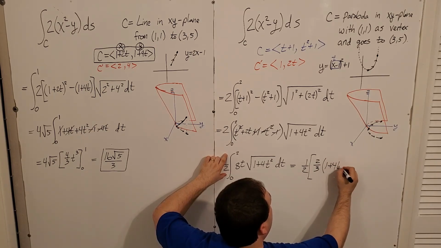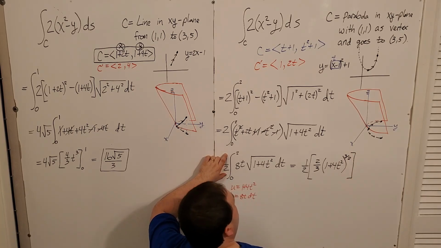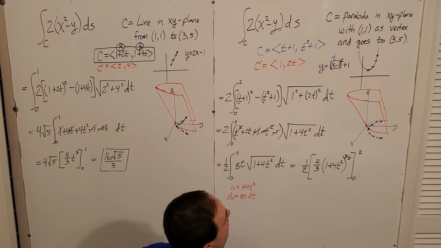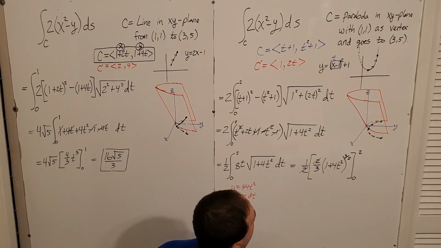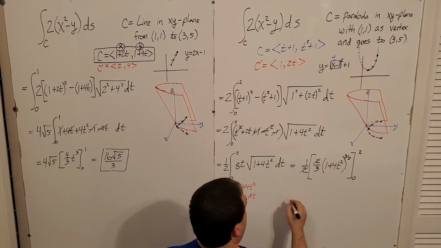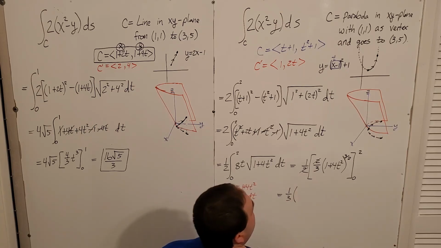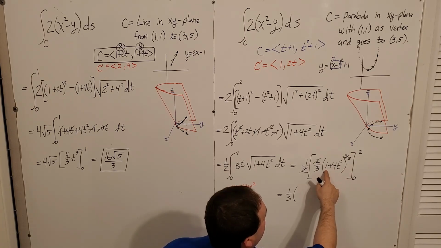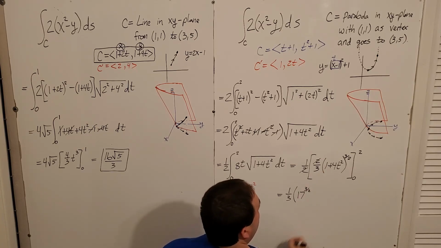1 plus 4t squared to the 3/2. And then that's being evaluated from 0 to 2. All right. So I can immediately wipe out these 2's. And that's going to leave me with a 1/3 times, when I plug in the 2, I get 4 times 4 is 16, plus 1 is 17 to the 3/2.